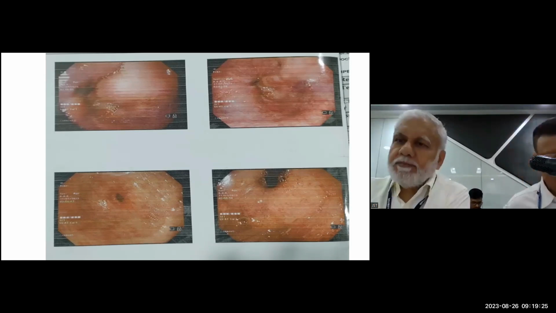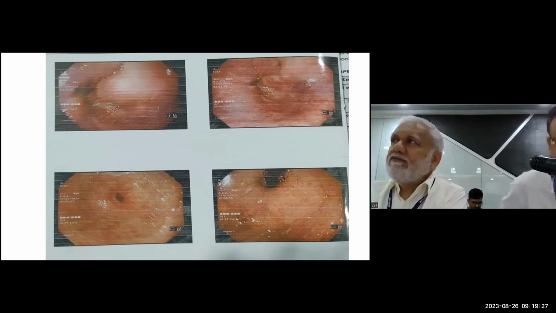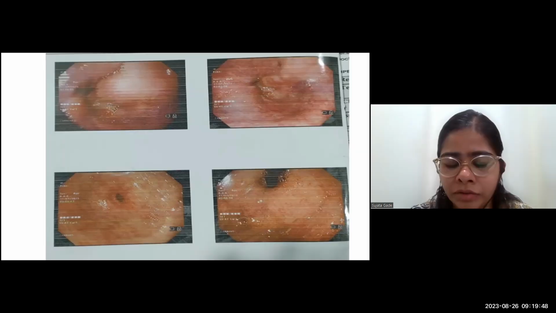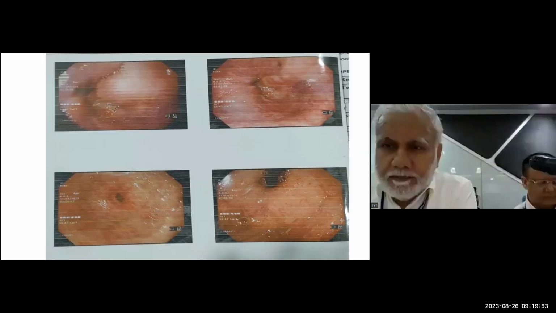Is there a problem with PET scan? Is there an issue? Sir, can you repeat the question, sir? Is there an issue with PET scan in carcinoma stomach particularly? Sir, carcinoma stomach usually is not FDG avid, especially distal tumors.